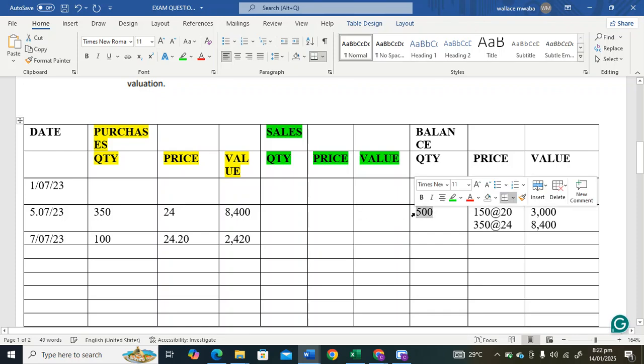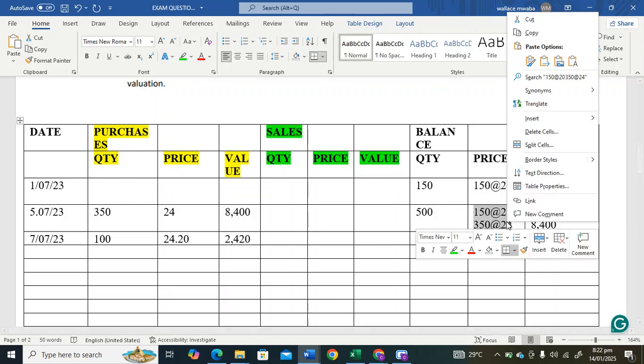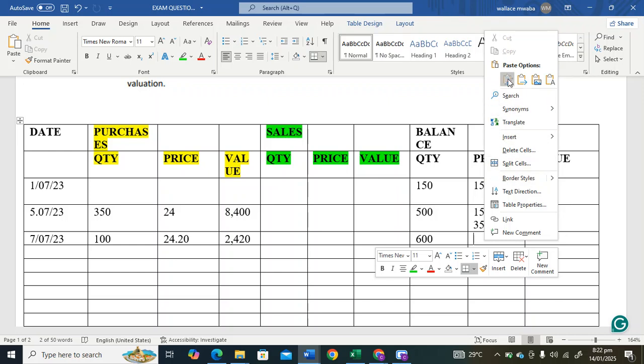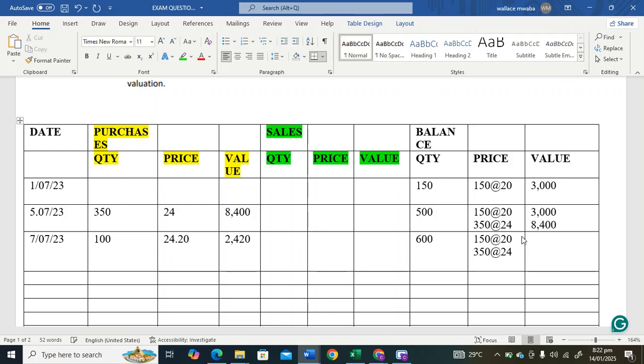So we initially had 500 units of this good. We brought in 100 units. So in total, we have 600 units in our warehouse. 150 of them are valued at 20 kwacha, 350 of them are valued at 24 kwacha, then 100 of them are valued at 24 kwacha 20 ngwe.